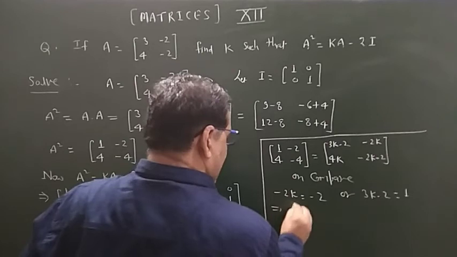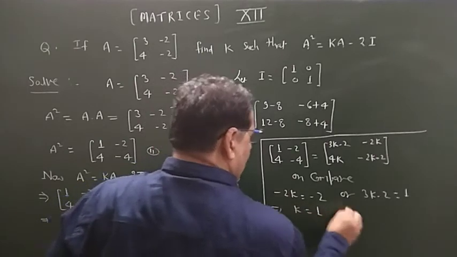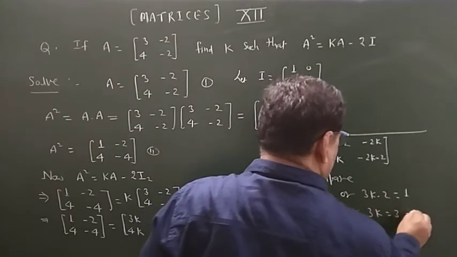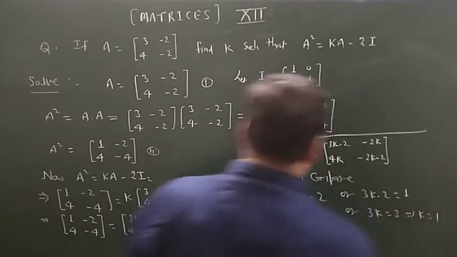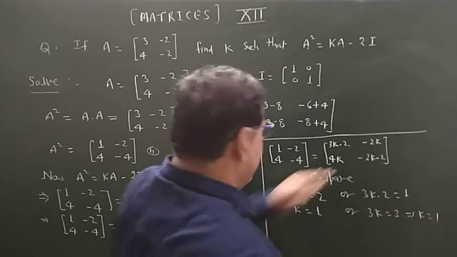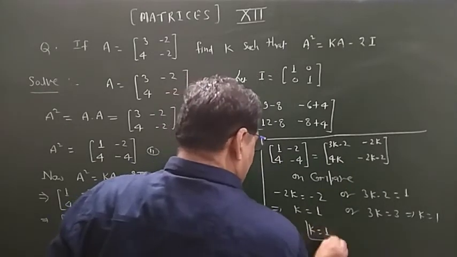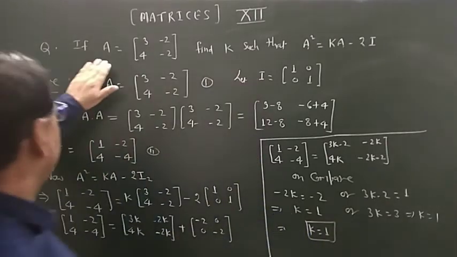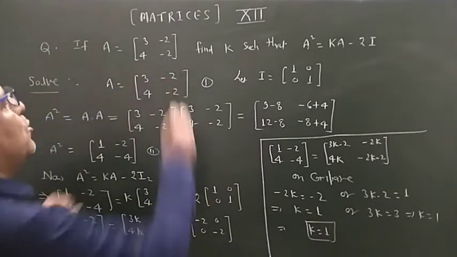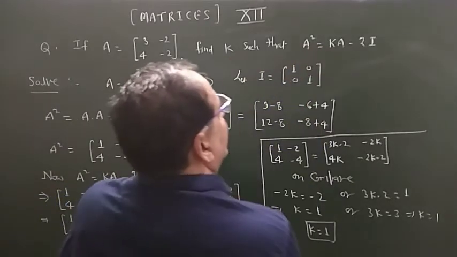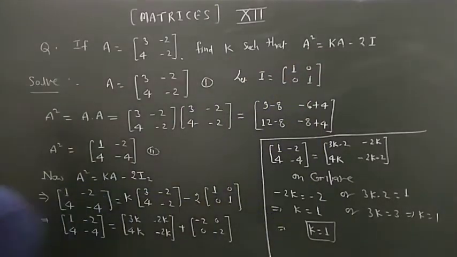If we solve, we have k equal to 1, or if we solve this, we also have 3k equal to 3, that means k equal to 1. So after comparing any elements, we have finally k equal to 1. This is the solution of this question in which matrix A is given and we want to find the value of k. The condition given there is A square equal to kA minus 2I.